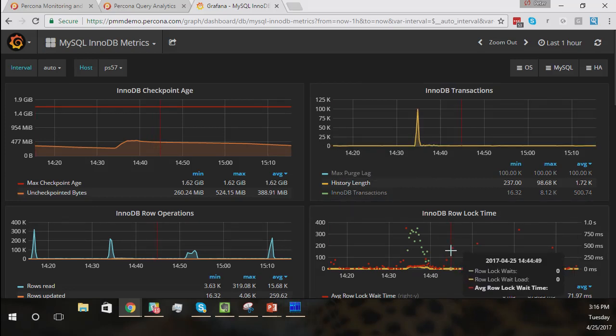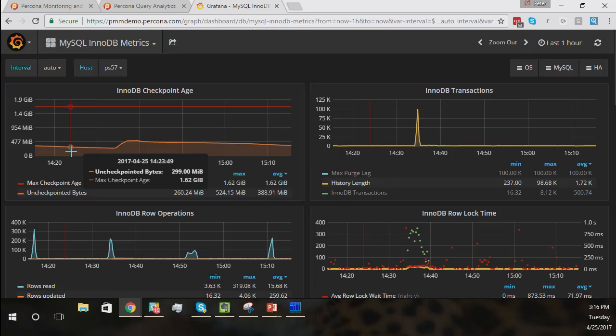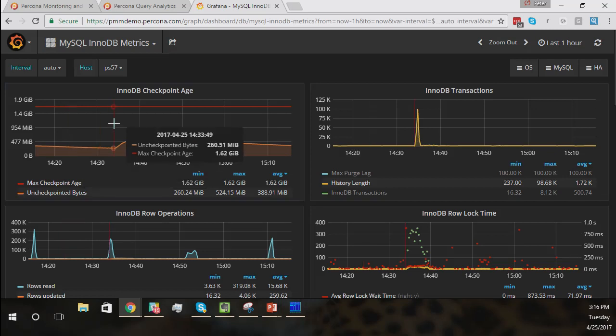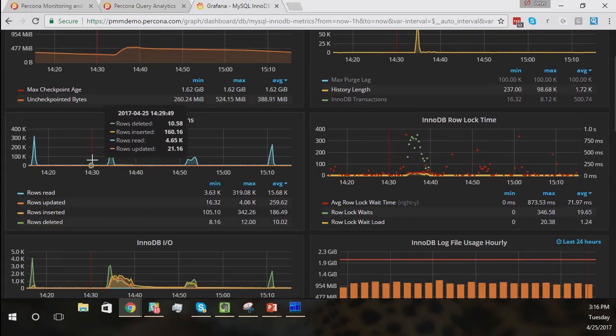If somebody was at my tutorial yesterday, I spoke at length about how long history length can be very bad for performance, especially if it's sustained over a long time. In this case, I think it's not a big deal. It goes to 1,000 for maybe a minute, and then it goes back, so everything is working normally. We can look at the number of row operations.